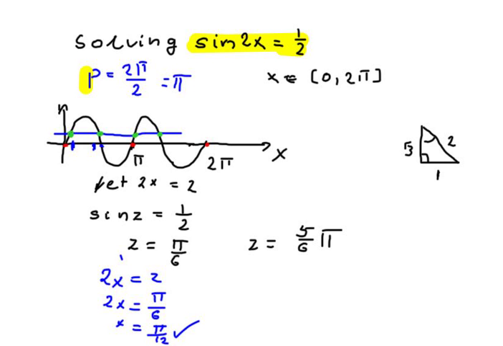So I can do it this way, and let me change the color. So now my 2x is equal to 5 over 6 pi. So x is equal to 5 over 12 pi. Excellent. 2 roots. Well, we have 2 more to go.